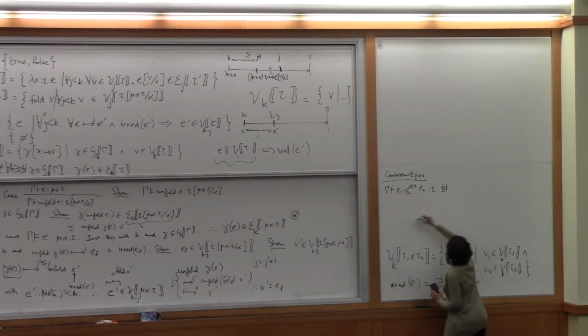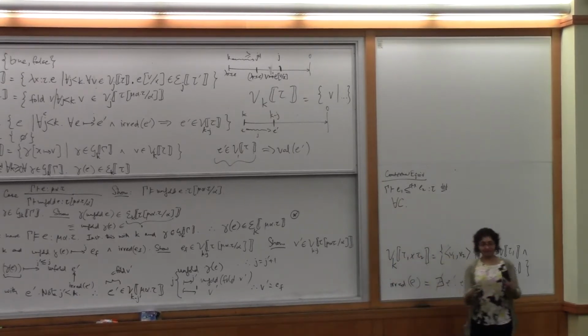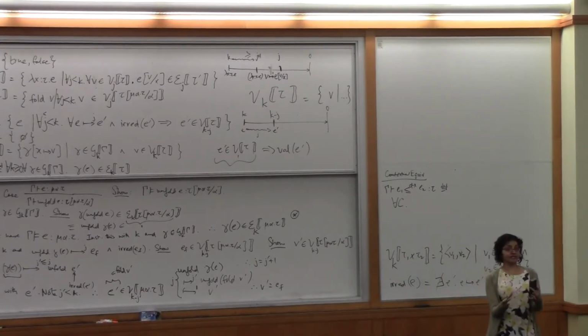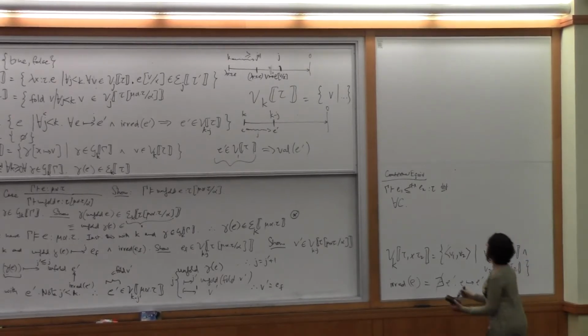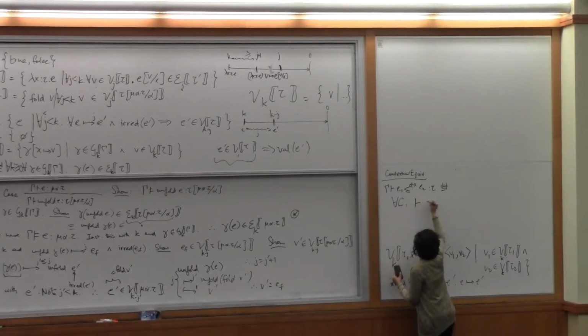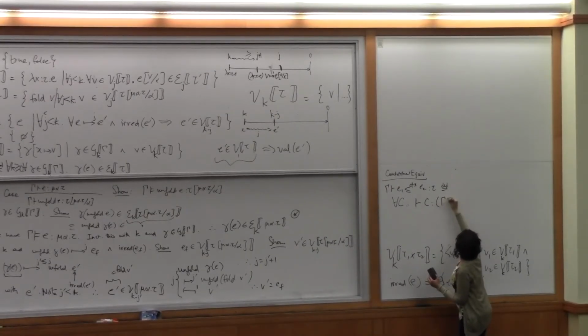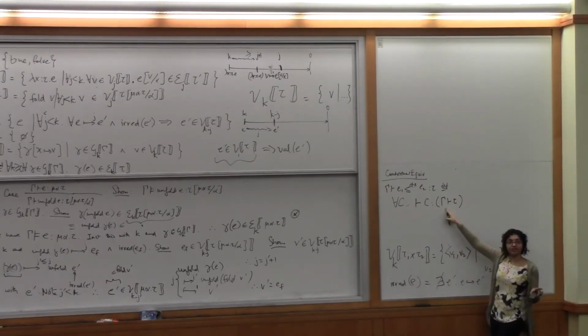So contextual approximation says that for all possible contexts C that have a hole of the correct type, I'm going to write it for all C such that C is well typed with a hole that can take expressions that have type tau under the environment gamma.